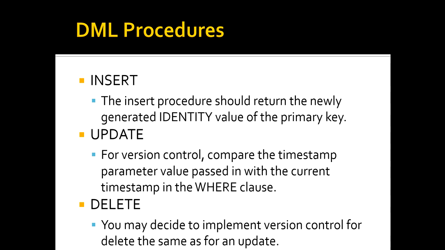Update: if we talked about concurrency, so if there's a timestamp to worry about, then we'll compare the timestamp parameter being passed in the where clause and only update the record if the record has not been modified by somebody else. And you can do the same with delete as well if you so desire. Often that's a design decision.